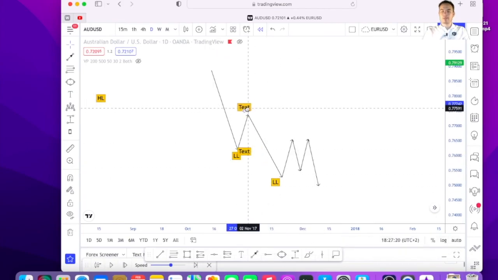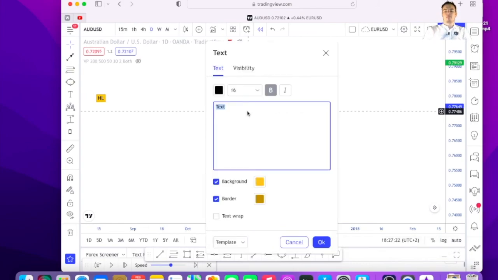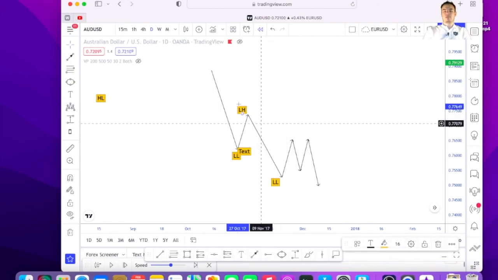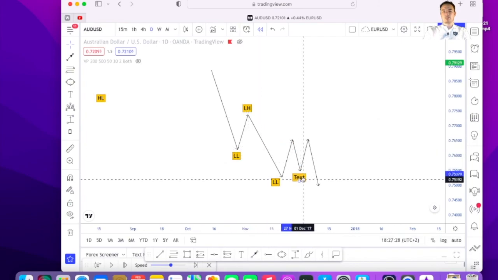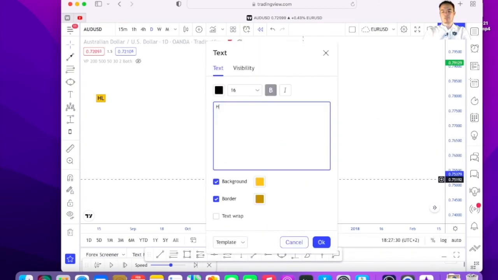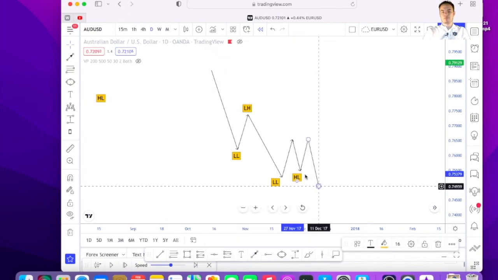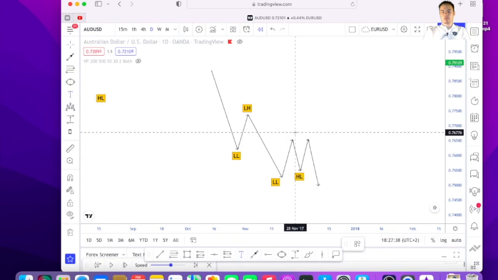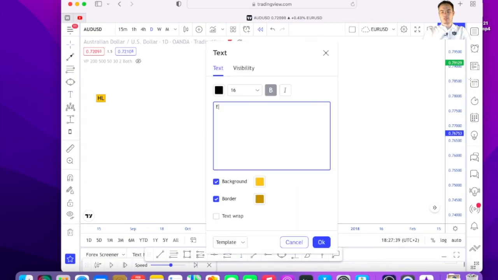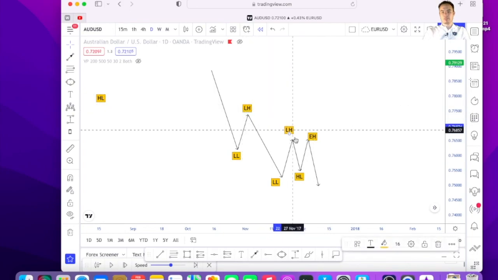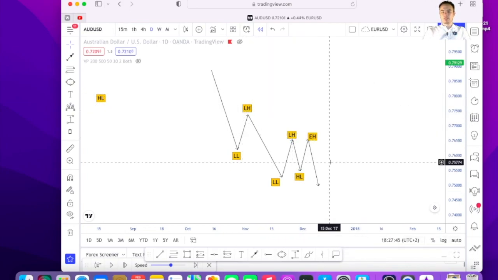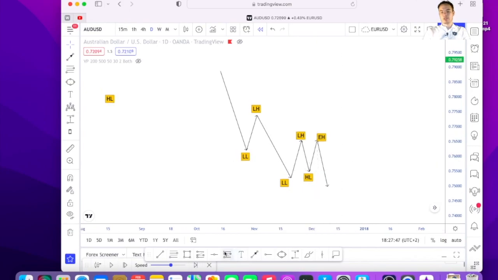Here's a lower high. Lower high. Higher low. Equal high. This is a lower high. See, like that. As you can see, this is basically consolidation over here.